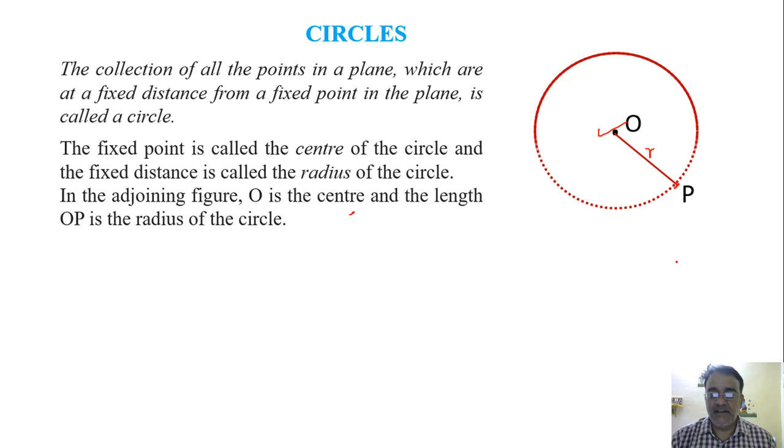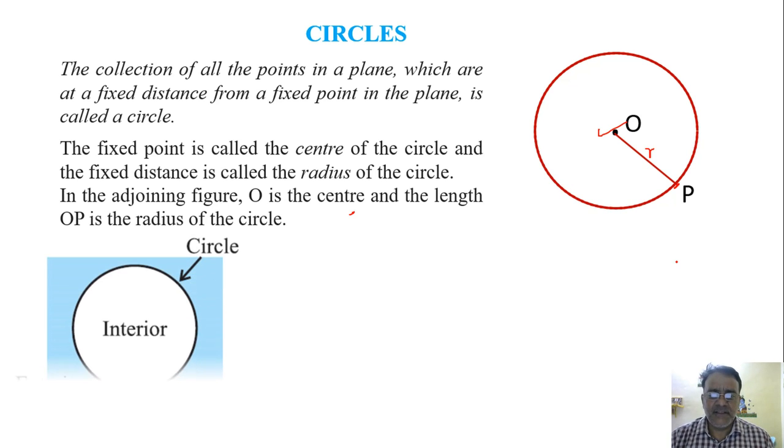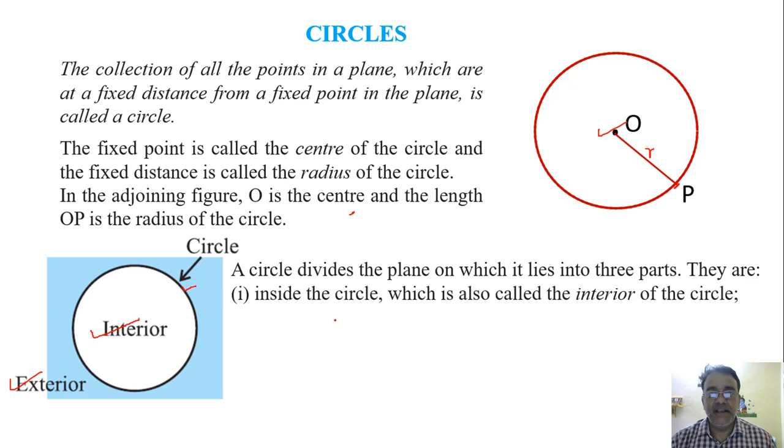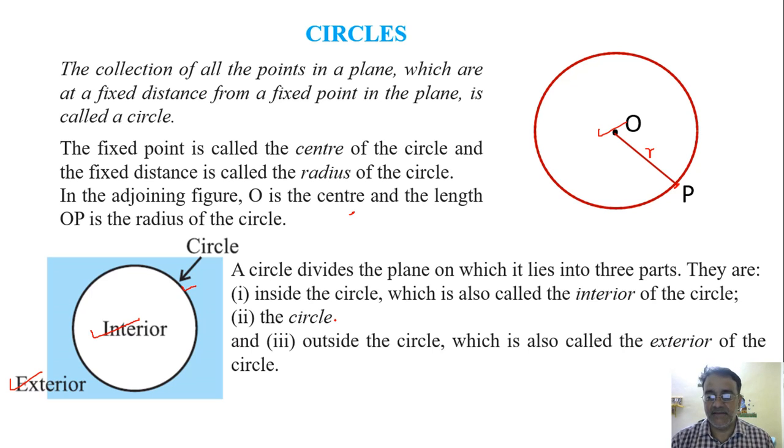Now, a circle divides a plane into three parts: one is interior, another is exterior, and the third one is on the circle. They are inside the circle, on the circle, and outside the circle, which is also called the exterior of the circle.